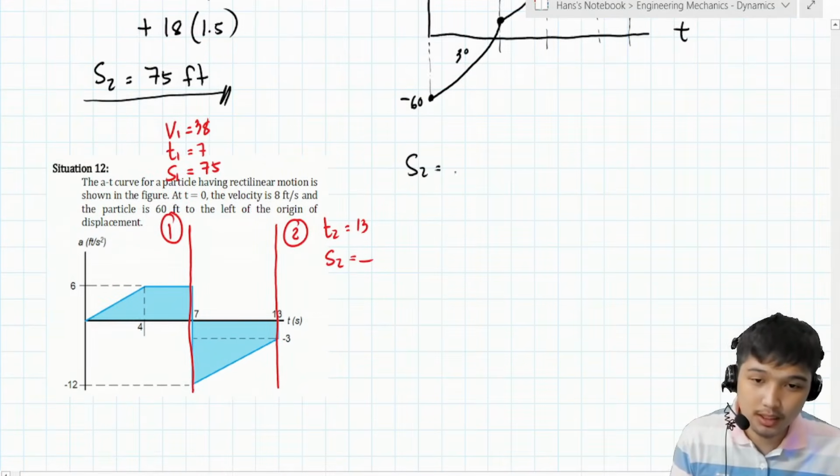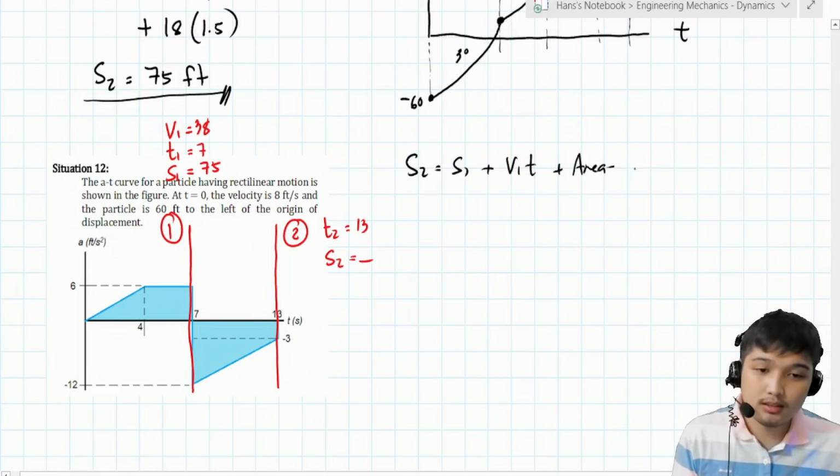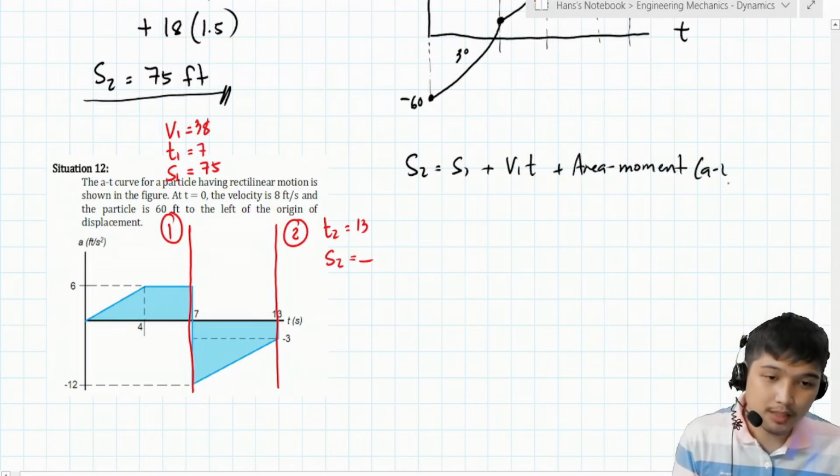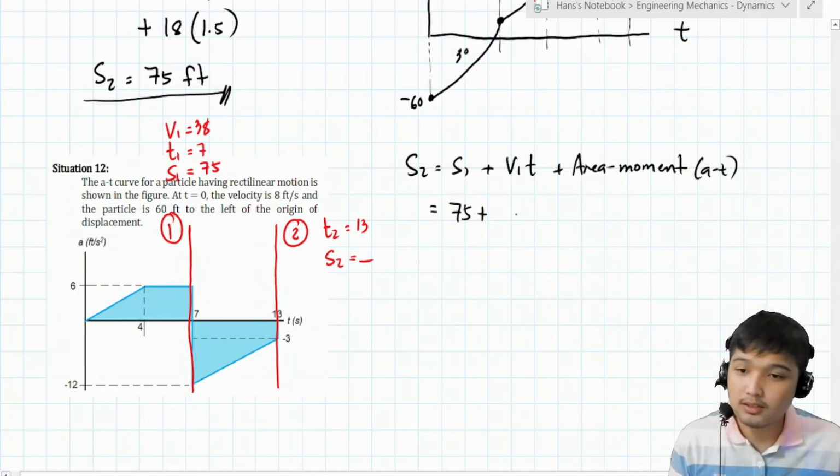S2 is equal to S1 plus V1t plus the area moment of the acceleration time diagram. So, nag-start tayo. Nasa 75 na siya. Plus 38. Ano yung T? T2 minus T1.